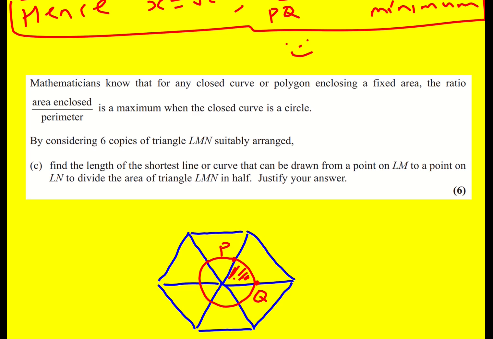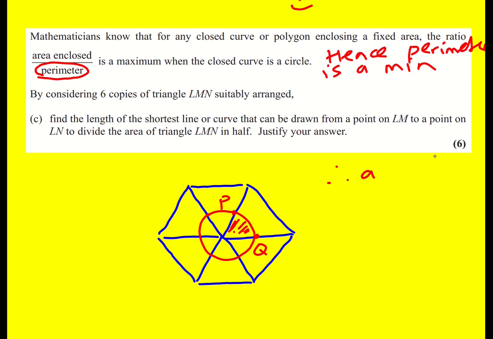Now that is a maximum when the closed curve is a circle, and the consequence is that the perimeter must be a minimum, because the area is fixed in our case. And if the perimeter is a minimum, that means that this portion here, P to Q, this length must also be a minimum.